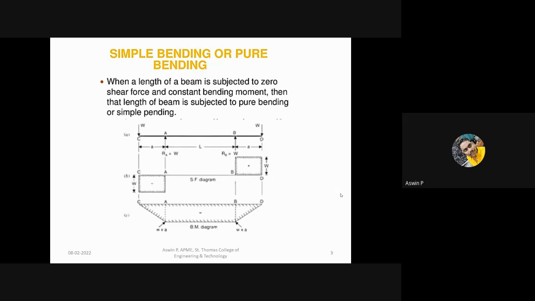It's a very important statement. If the shear force is zero for a section and the bending moment exists as a constant value, then the length of beam is subjected to pure bending or simple bending.